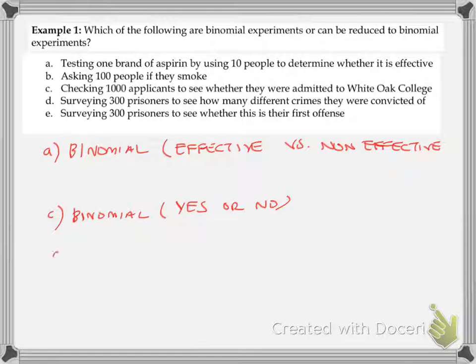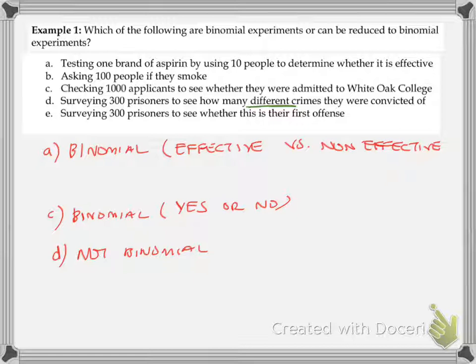Let's look at D together. Surveying 300 prisoners to see how many different crimes they were convicted of. No, that is not binomial, because it is difficult to put it into 2 outcomes, especially since you want to see how many different crimes.